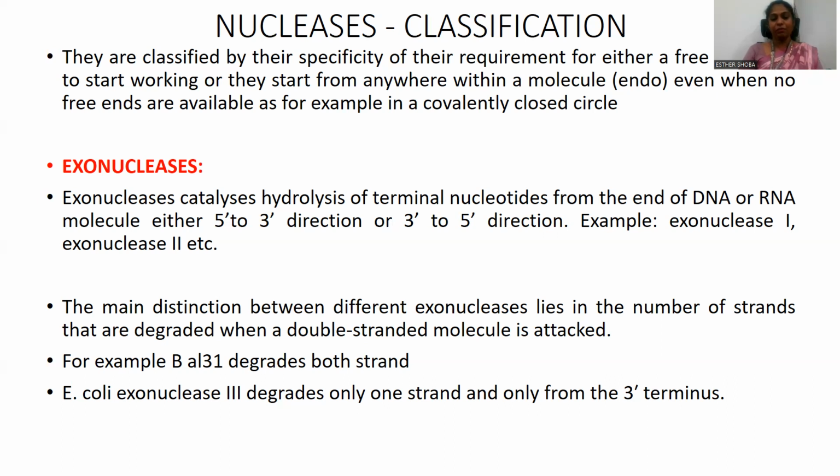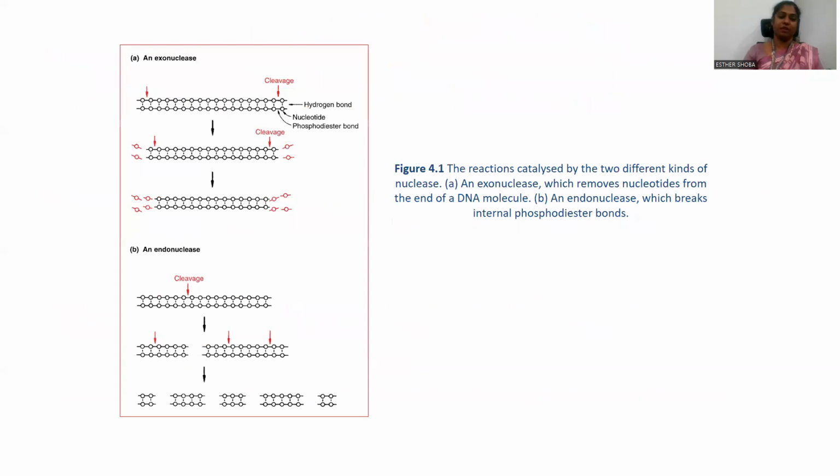This is an enzyme which acts upon both the strands of a DNA molecule. Then we have another example, E. coli exonuclease 3. These enzymes act upon only one strand of a double-stranded DNA molecule. And where do they act? Only on one terminus, that is the 3' terminus.